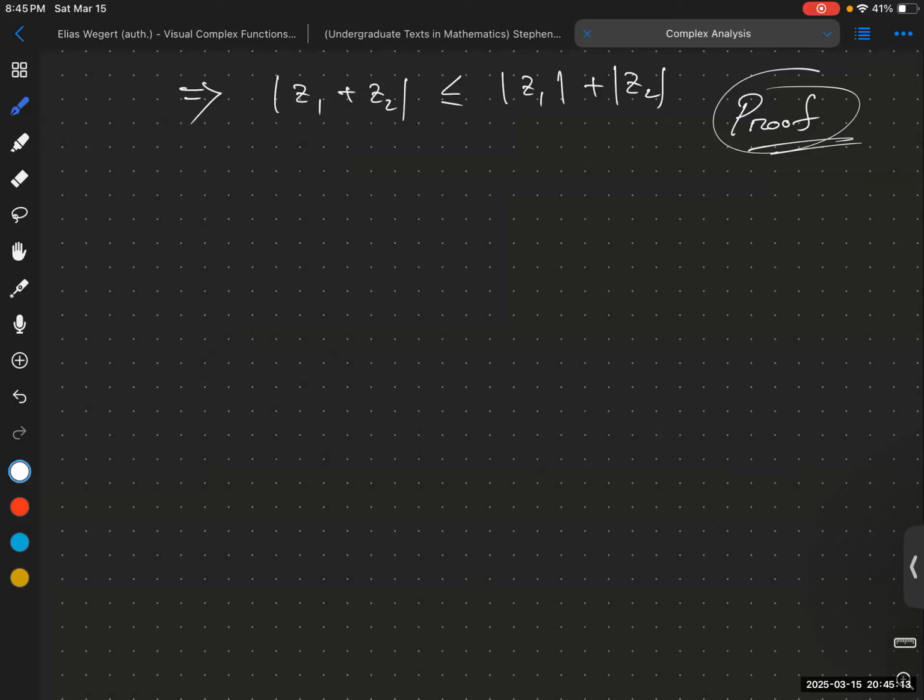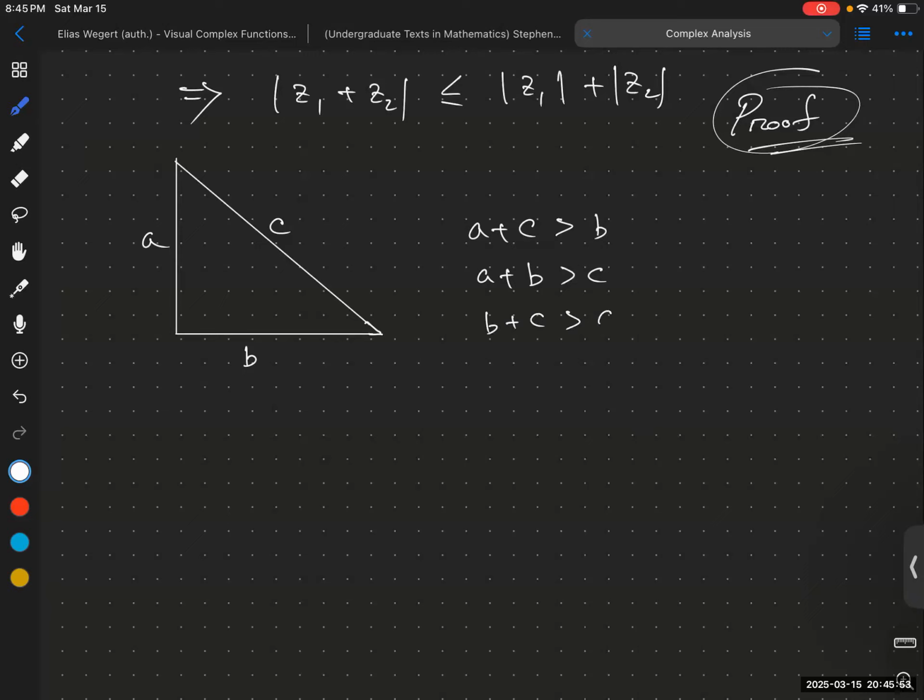We know that if we consider a triangle with sides A, B, and C, then the sum of any two sides, let's say A plus C, will be greater than or equal to B, and A plus B will be greater than or equal to C, and B plus C will be greater than or equal to A. So the sum of any two sides of the triangle will be greater than the third side.